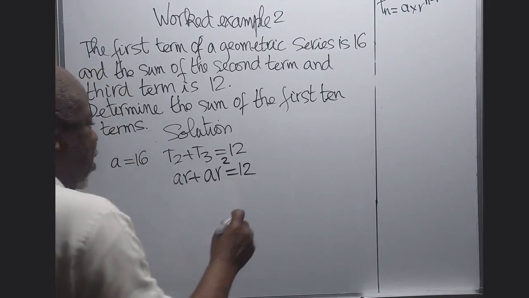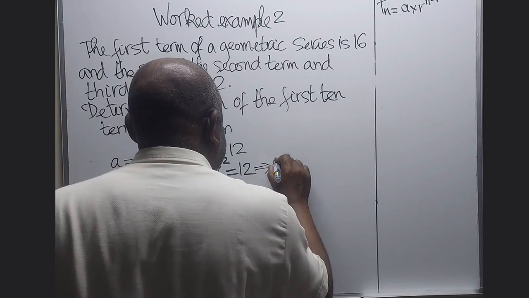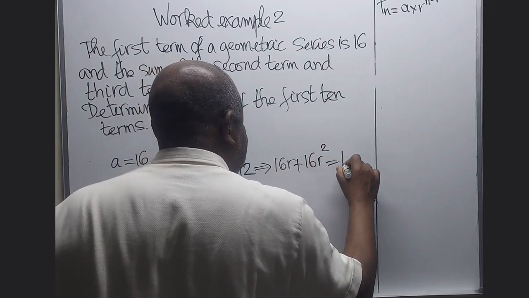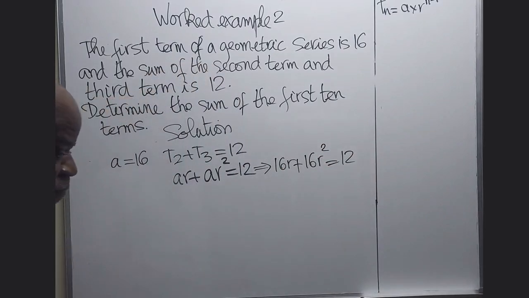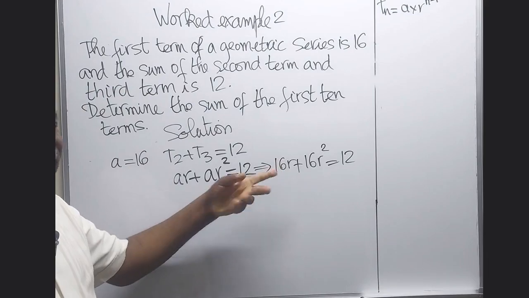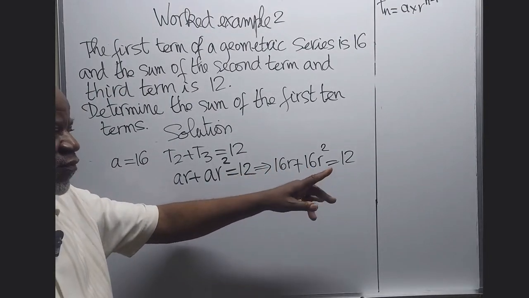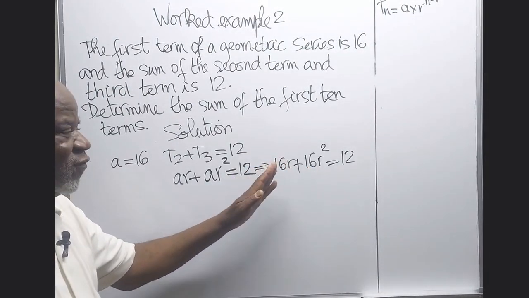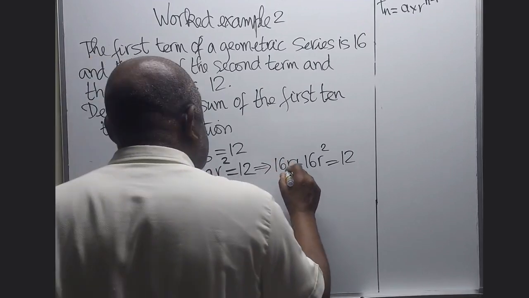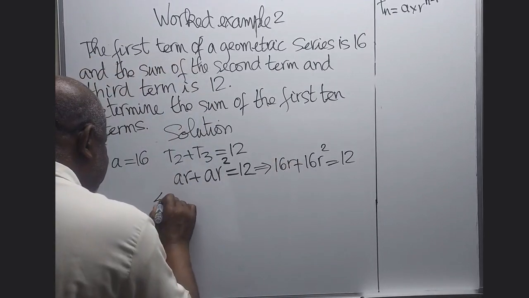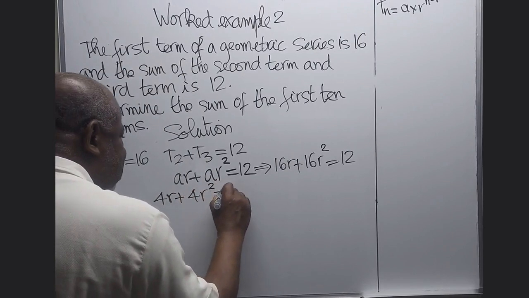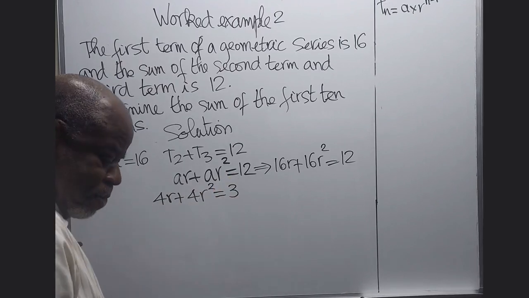We know the value of a, and this will imply that 16r plus 16r squared is equal to 12. As you can see here, we're going to take a common factor of 16 and 12, and that is going to be 4. So we'll divide all the terms here by 4. Dividing by 4 here, we're getting 4r plus 4r squared is equal to 3.